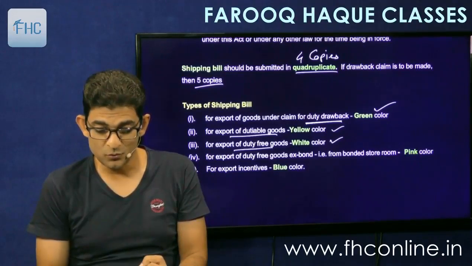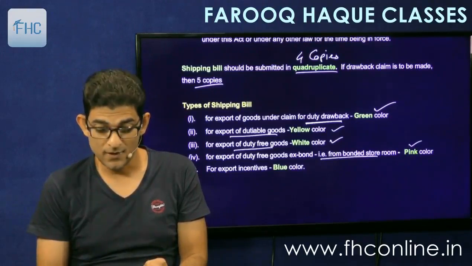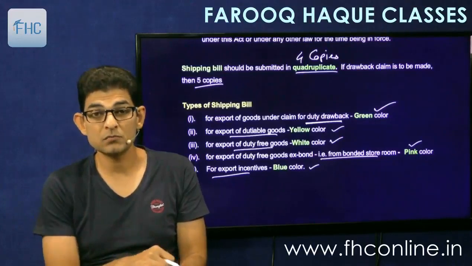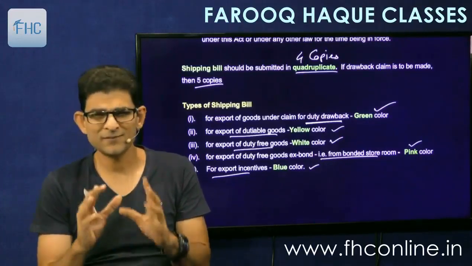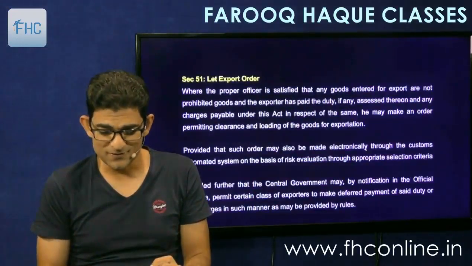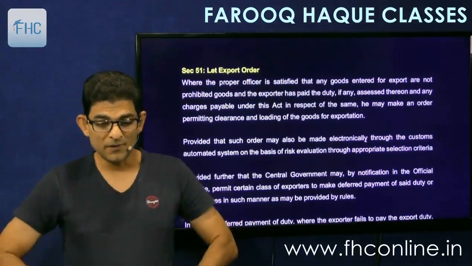Then for export of duty free goods ex-bond, that is from bonded storeroom, pink color. And for export incentives, blue color. If you are going to claim some export incentives, then blue color. Just read 3 times.